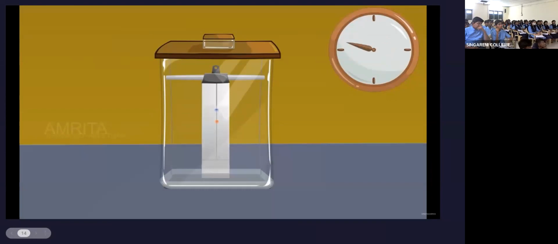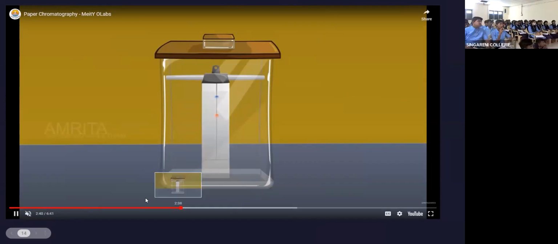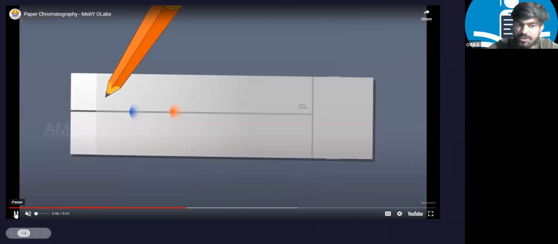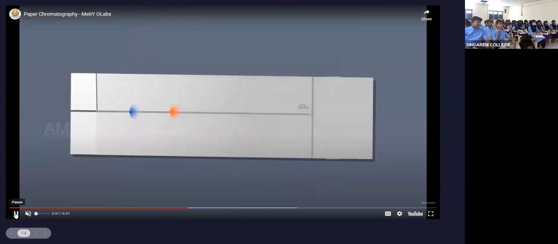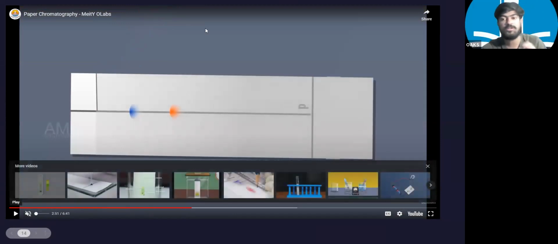As the water is rising, the colors are separated. So this is known as paper chromatography. Clear to everyone? And this is how you are able to separate the components of ink.